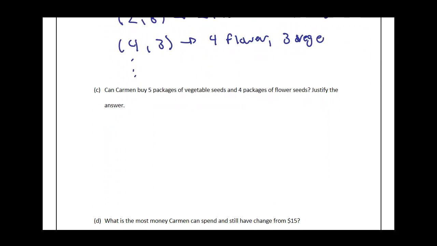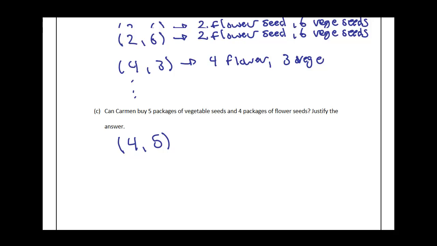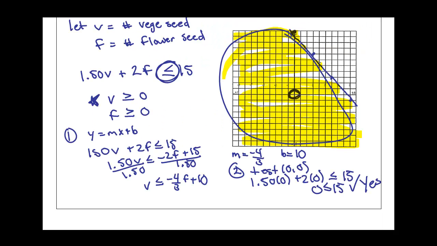Part C asks, can Carmen buy 5 packages of vegetable seeds and 4 packages of flower seeds? Justify the answer. So this is asking us for a point of 4, 5 on our graph. If we look at our graph, we can see that 4, 5 is somewhere around here, if we drew the graph accurately, and that is not in our shaded region. That is not falling below our line here.